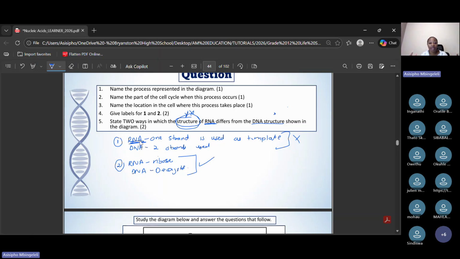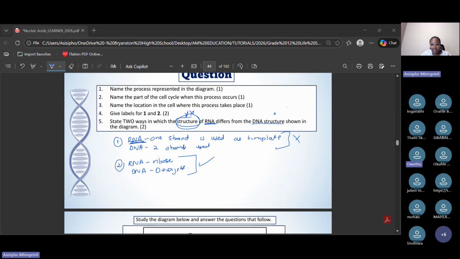You can also compare the length: RNA is normally shorter and DNA is normally longer. Those are the points we can use to compare the structure. DNA replication and everything we are mentioning here is easily confused with protein synthesis. That is common, so even if you are confusing it, don't think you are alone.